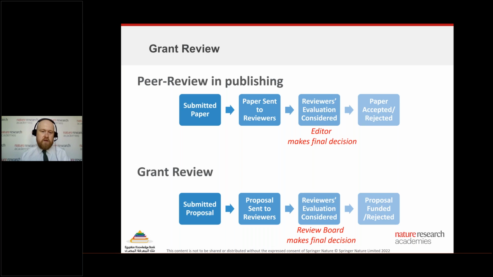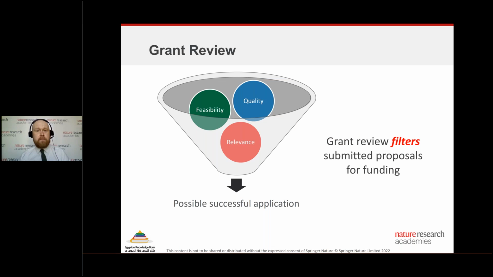Okay, so we need to be able to navigate this grant review process successfully. It's a really important process in funding bodies deciding what projects to fund. Okay, the funding bodies want to fund the best projects. Also, remember, like we said, the lower risk projects and the ones that are likely to have a high return. They're going to generate impact in their research community.